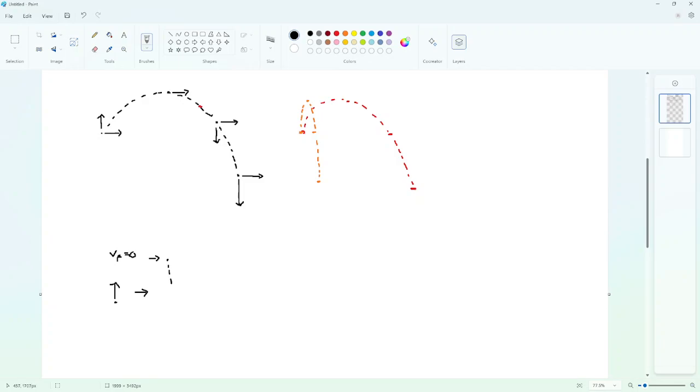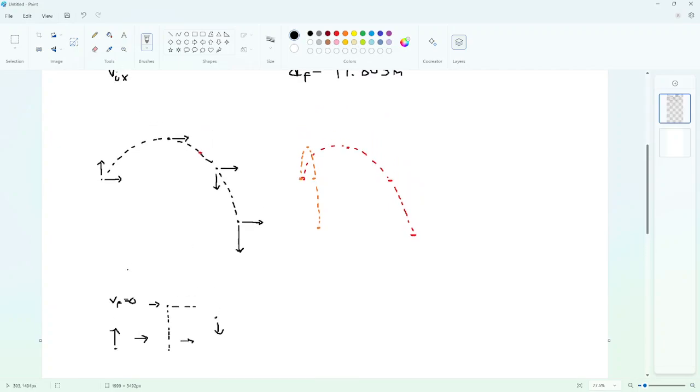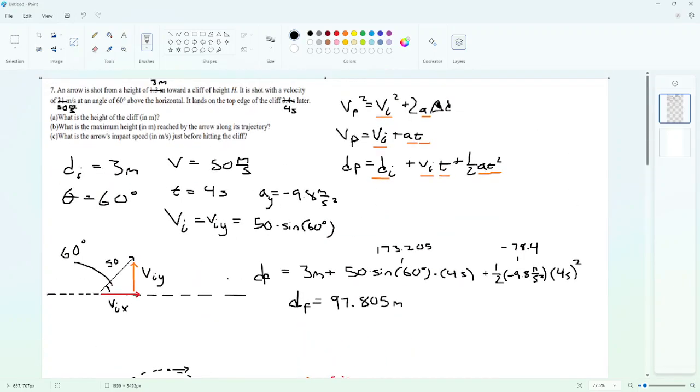It cannot go any higher. It cannot go any faster, except it can. It will go faster downwards. So this is our maximum height at this point. At its maximum height, its velocity will be 0.